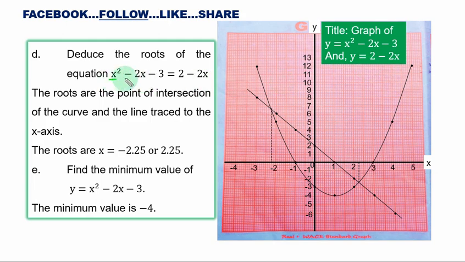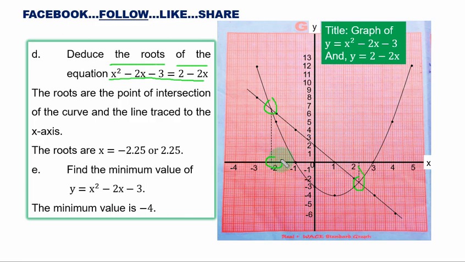Hence, you are asked to find the roots of this equation. If you observe very well, this is the curve and this is the straight line, the quadratic and the linear function. The roots are the points of intersection. One point is here, another point is here. You trace this point to the x-axis, you have it somewhere here, and it is in between -2.2 and -2.3.